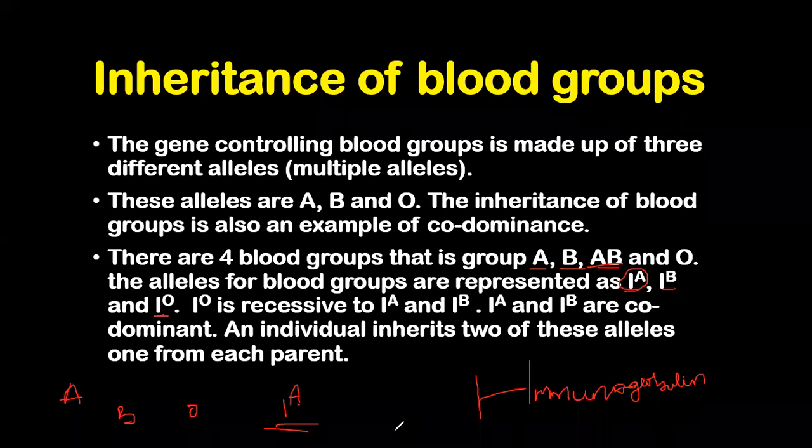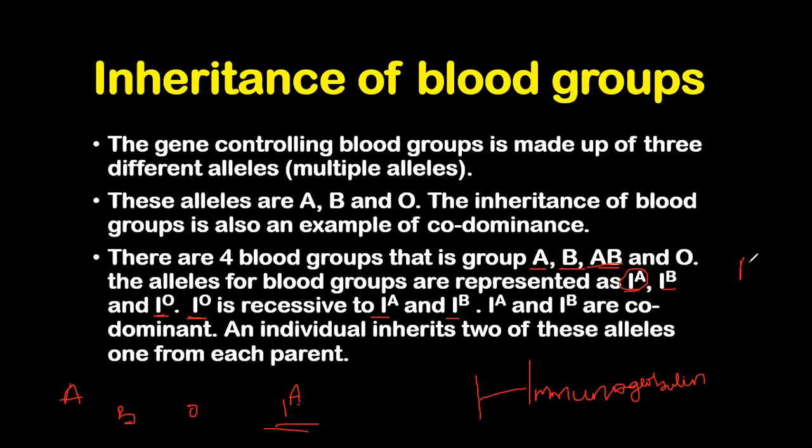Now, IO is recessive. And IA and IB, or allele A and allele B, are codominant, in that when IA meets IB, there is no allele that is going to mask the other.